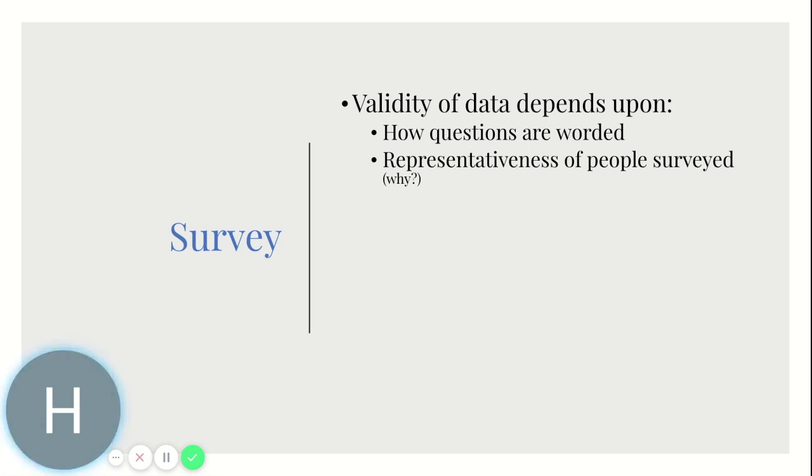If you're giving a survey to someone and you phrase the question as, how do you feel about women being able to choose what happens to their body versus how do you feel about the unborn child being murdered? Those two questions are going to give you two very different answers, even though they can both fall under the same topic of abortion. So we really want to make sure that if we're creating a survey to gain information, we want to avoid biases and we want to create those questions as objective as possible.